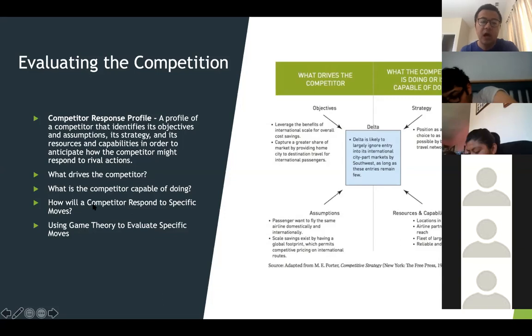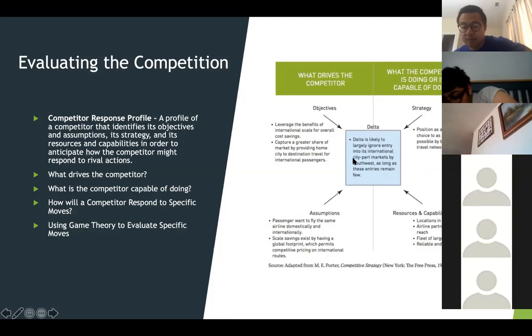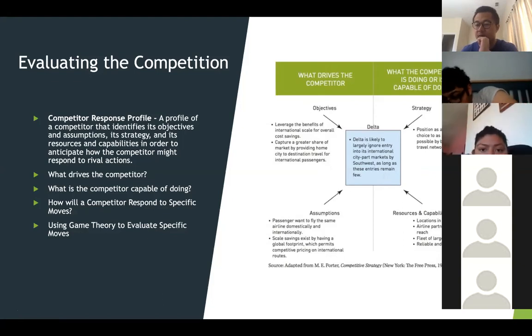Okay, so how will the competitor respond to specific moves? You can see here in the very center, Delta is likely to largely ignore entry into its international city pair markets by Southwest, as long as these entries remain few.